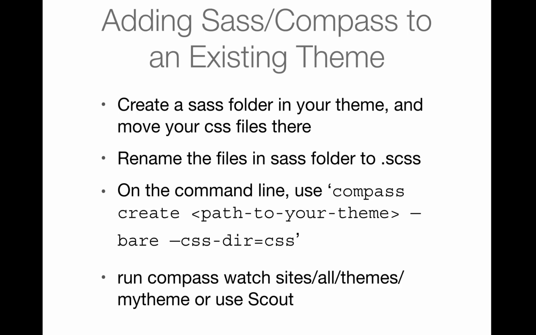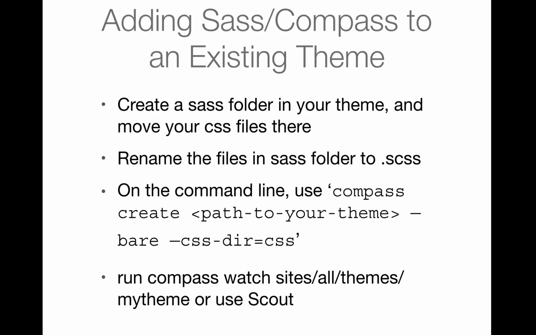If you have an existing theme, if you have an existing project and you want to start using Sass and Compass, it's not a lot of work to set it up. You just will want to create this new Sass folder in your theme and copy your CSS files into there, or actually you want to move them.